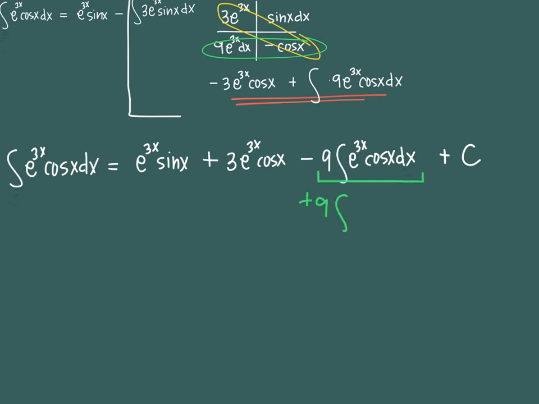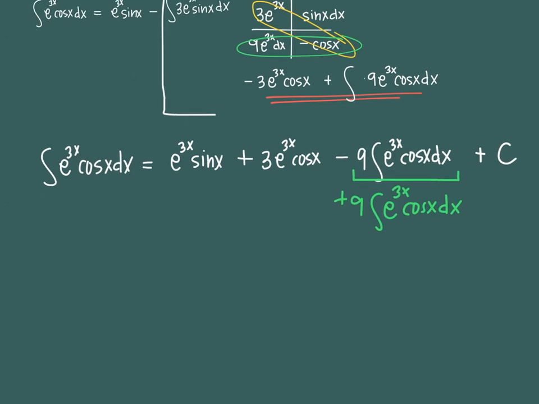I'm going to add 9 e to the 3x cos x dx to this, which means I've got to do it to the other side. I like terms. They're the same. So these cancel out. And how much am I left with on this left side?